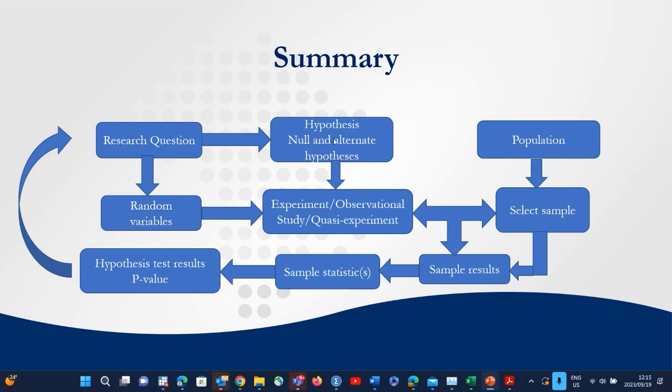Then based on the hypothesis, that will tell you what the design should be. Should the design be an experiment, or an observational study, or a quasi-experiment? So the hypothesis and what is available will lead you to the design that you will be able to follow.